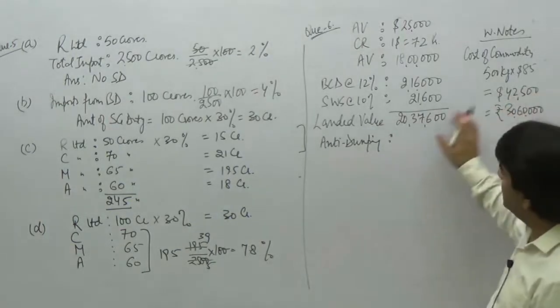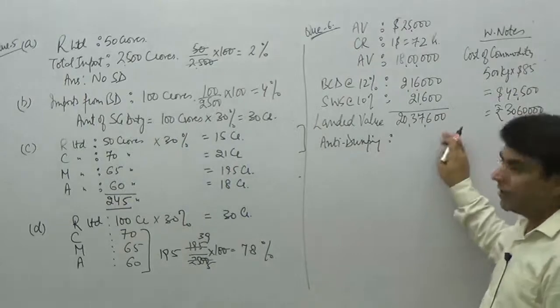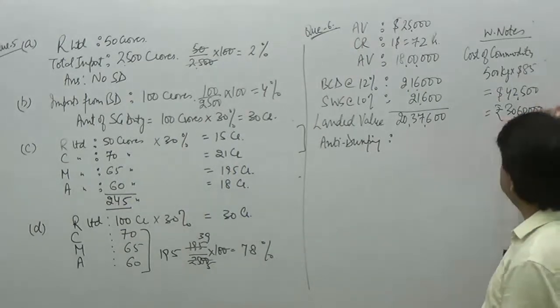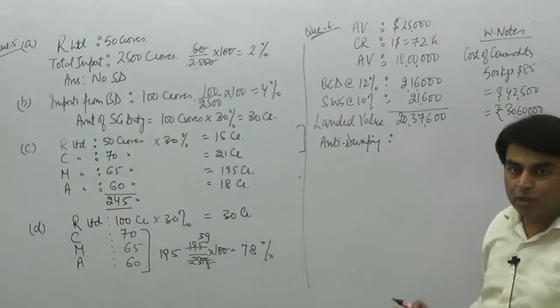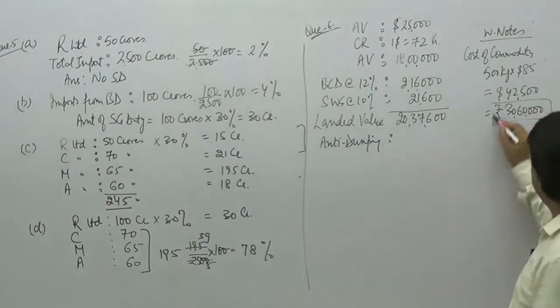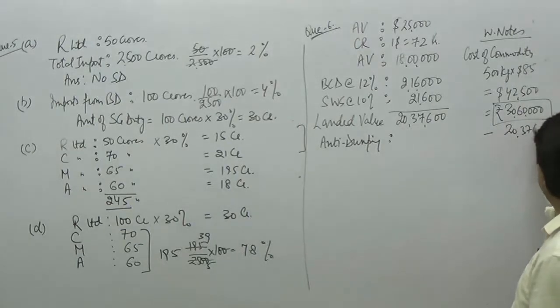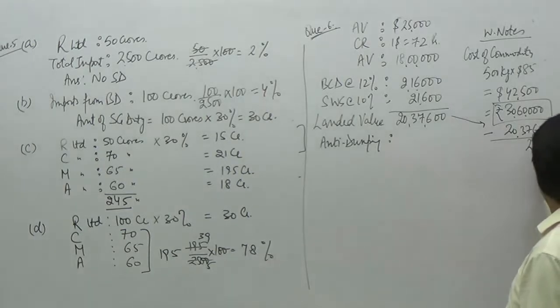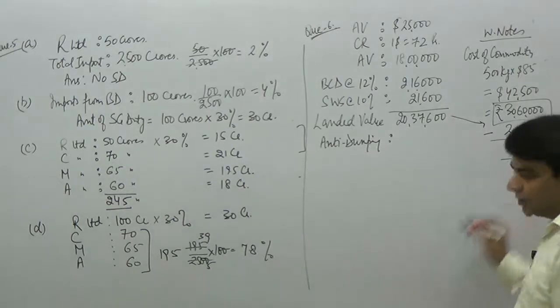of commodity and landed value. The difference between this and this is the amount of anti-dumping duty. Okay. So what is the amount of anti-dumping duty? Take this amount minus 37,600. This is the landed value. Okay. So this comes to 10,22,400.